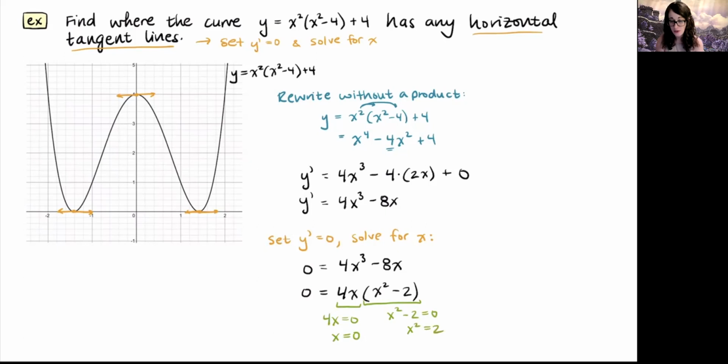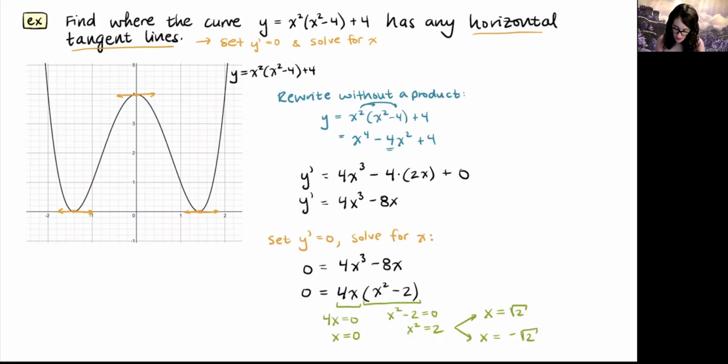If we take the square root, we get x equals positive square root of 2. And don't forget that we'll get x equals negative square root of 2. Because when you apply a square root to both sides, you get a plus and a minus as your answers. Right? If we plug either of these in and square, we'll get positive 2 out. So we need to always make sure that we are aware of that.